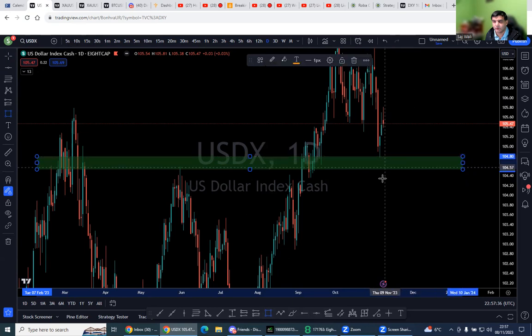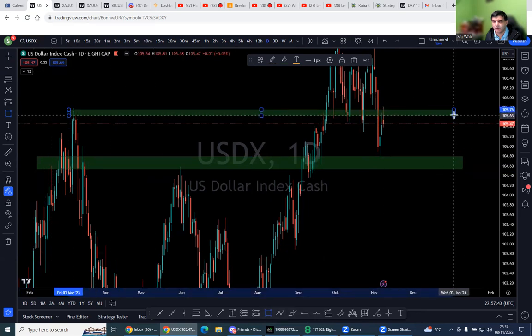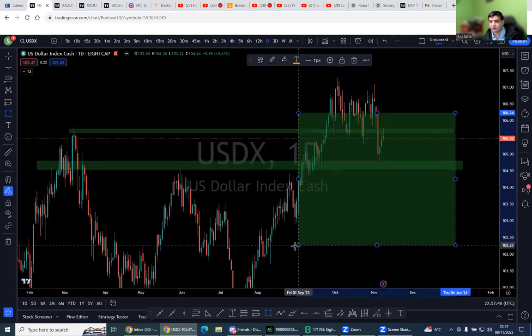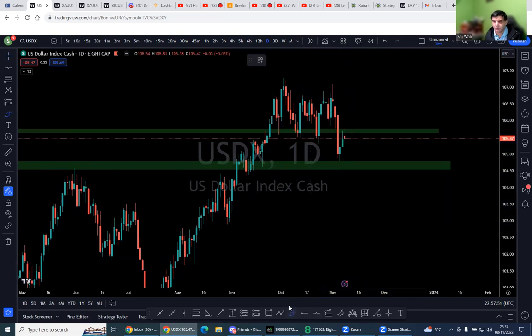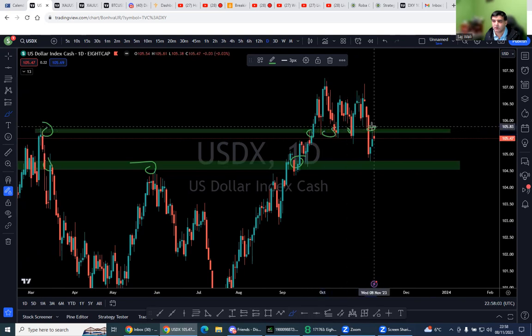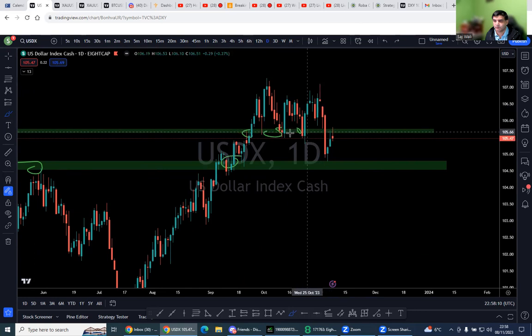We have this area in daily, and then we have this area. There's a data point here, here, here, and here. We have multiple data points. Currently, the market is reacting from here after filling up the fair value gap here.